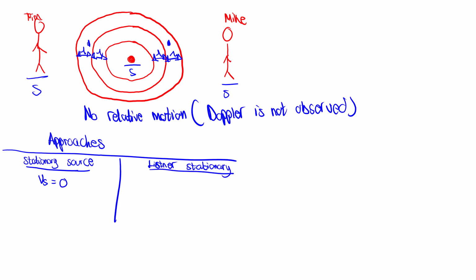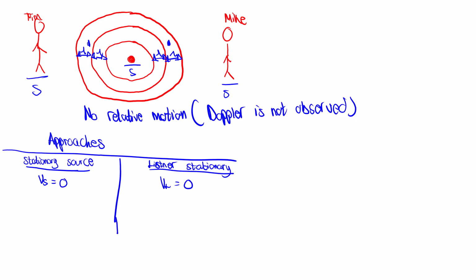right? So two things can happen here, right? With approaches, I, as the listener, can approach the source of sound, or the source of sound can approach me. If I, as the listener, am stationary, that means the velocity of the listener is equal to 0, right?